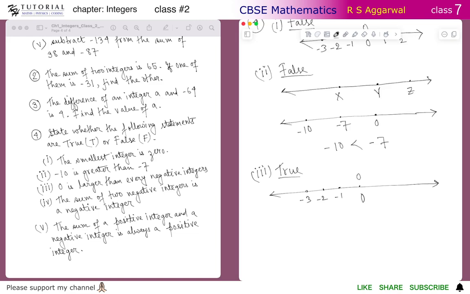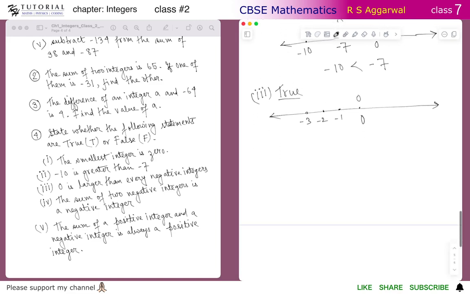So they are all to the left of 0, and so they must be less than the value 0. So the statement says 0 is larger than every negative integer, which is true, because the point 0 on the number line lies to the right of all the negative integers.